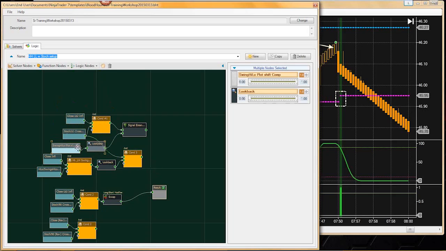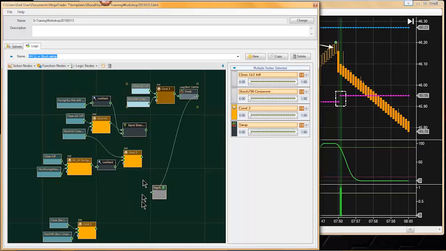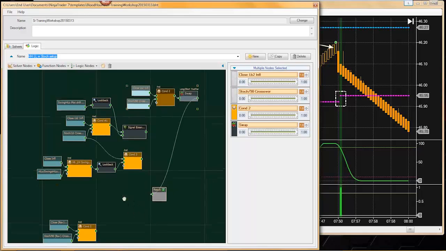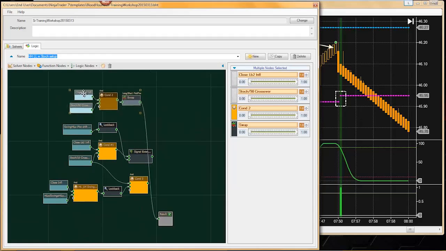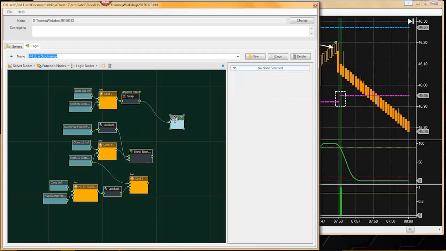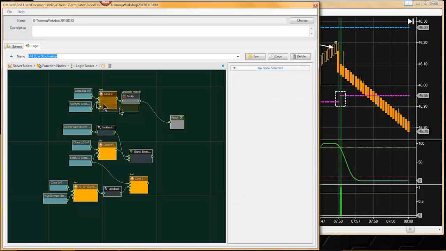Let's see, how about... All right, I think that works. There we go. So now our reset logic here is right there in the middle.